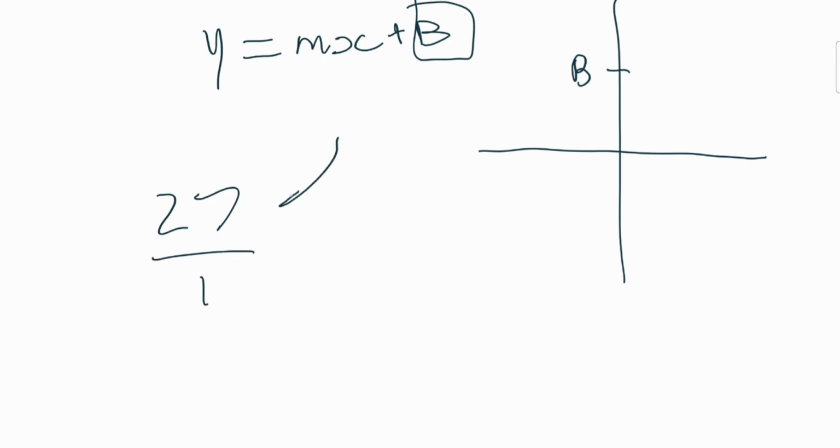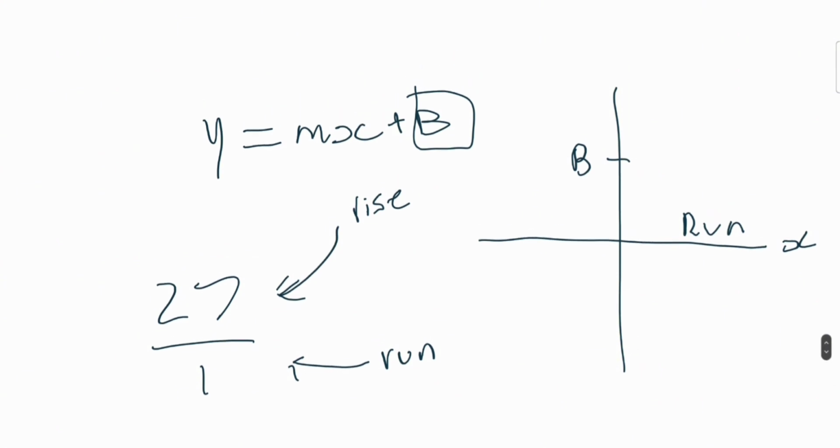So that means that the rise is 27 and the run is going to be 1. So the run again is the increase on the x-axis, and the rise is the increase on the y-axis, or decrease. It's the change on both of the axes.